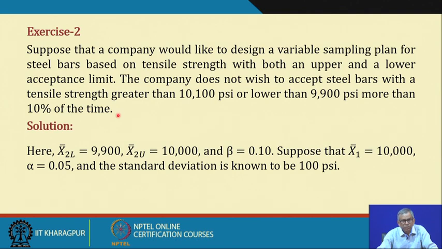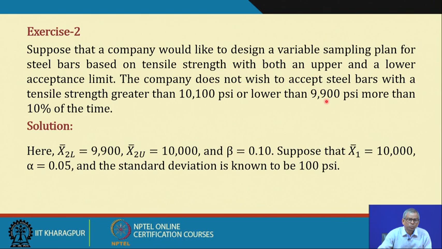That means, from this statement, you can make out what will be the corresponding probability of acceptance. That means, even if the quality is extremely poor, is it okay? That means, if it is greater than this, it is considered to be extremely poor. Similarly, if the value is less than 9,900, again it is considered to be extremely poor quality.